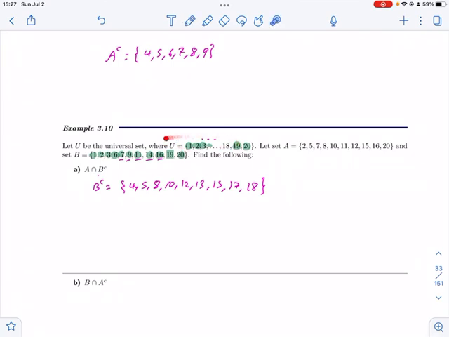So what is the intersection? This is A intersect B complement. What are the common elements between A and B complement? Let's try to find this.